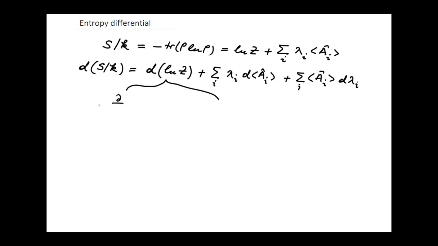So we have the sum over I of the partial with respect to lambda I of log z times d lambda I, and then we have the partial with respect to the control parameter of log z times d psi.